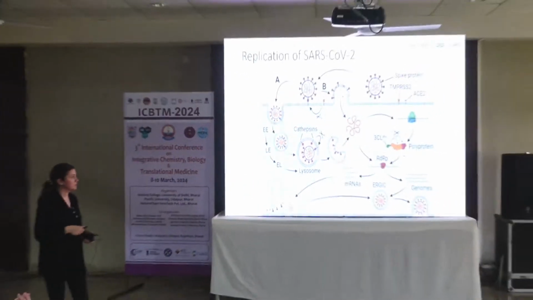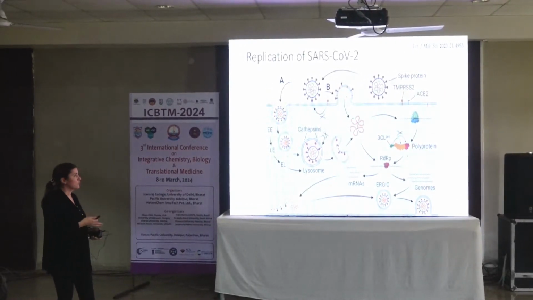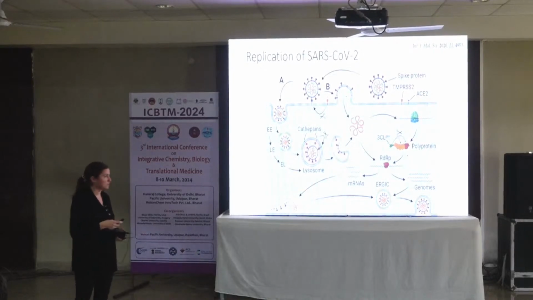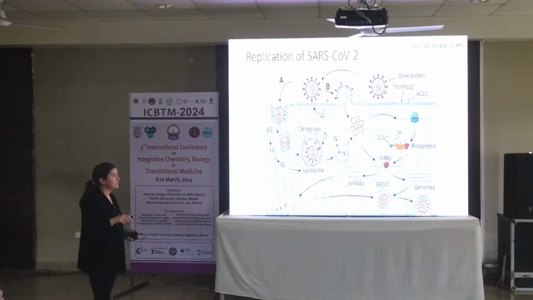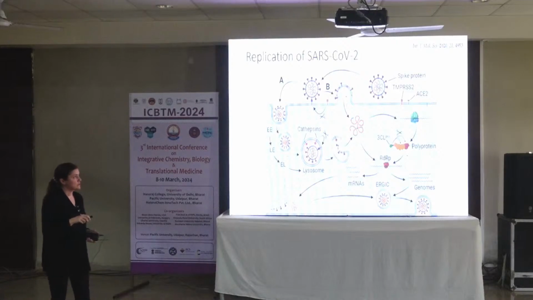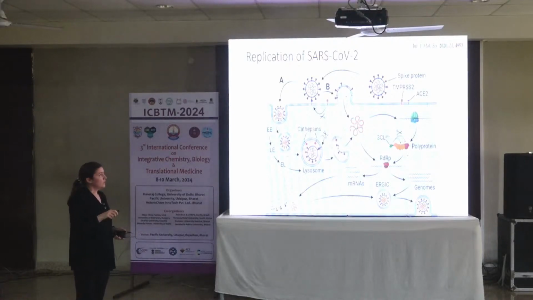To understand the mode of action of our derivatives, I would like to show you the replication cycle of SARS-CoV-2. After furin activation, the virus can attach to the host cell at ACE2 receptors, and the TMPRSS2 enzyme can activate the spike protein, and the fusion occurs with the cell.